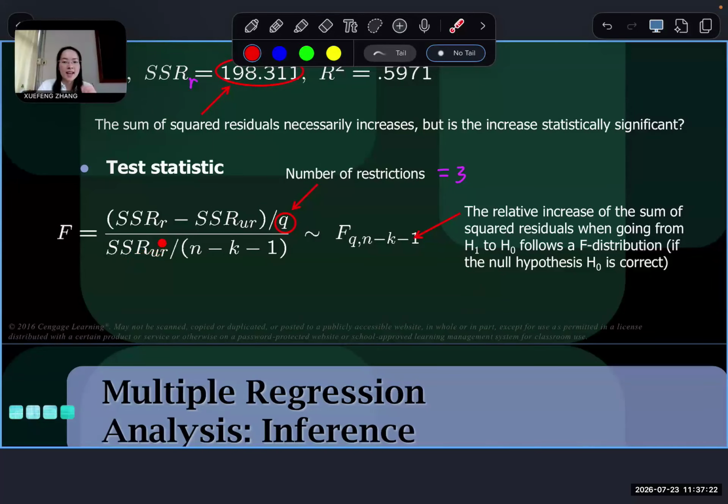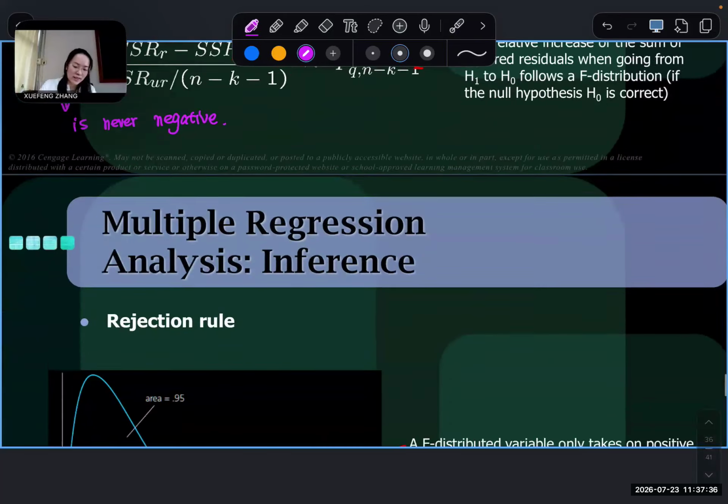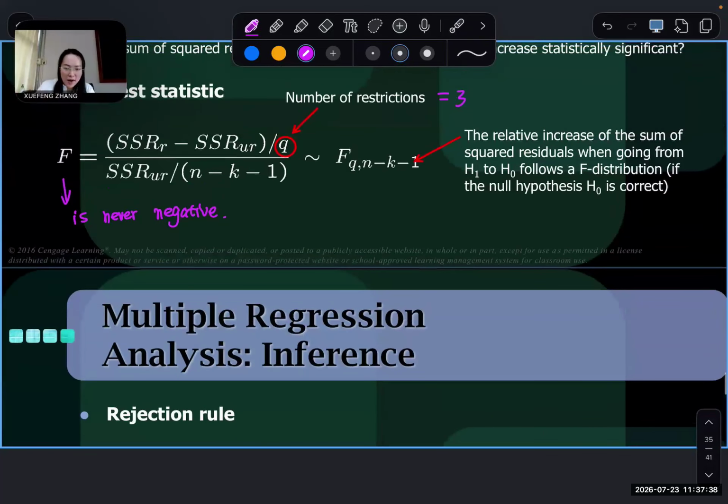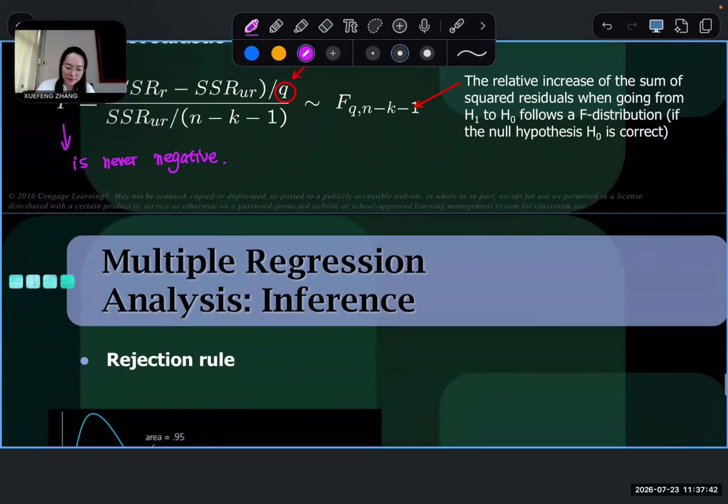Never negative. So F is never negative either. That's why our F distribution is only positive.